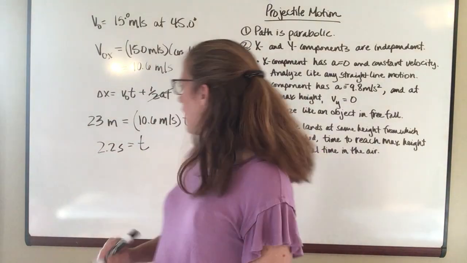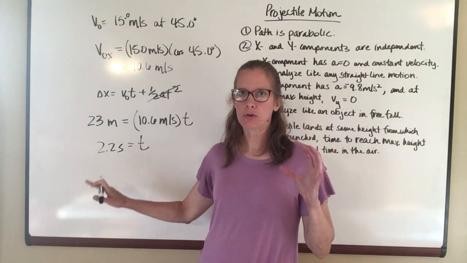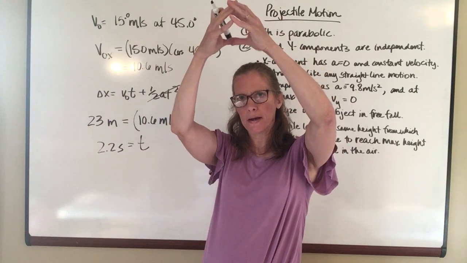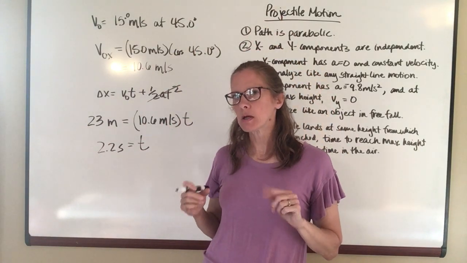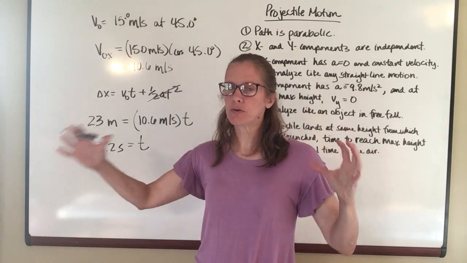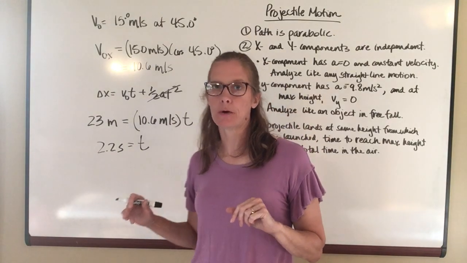Okay? If it took 2.2 seconds to go from the thrower to the receiver, at what time did it reach its maximum height? Okay, think about that for a second. It took 2.2 seconds to get all the way down the field. At what time did it reach its maximum height, which we calculated just a second ago?